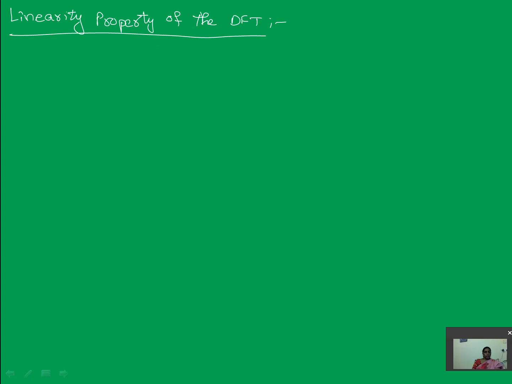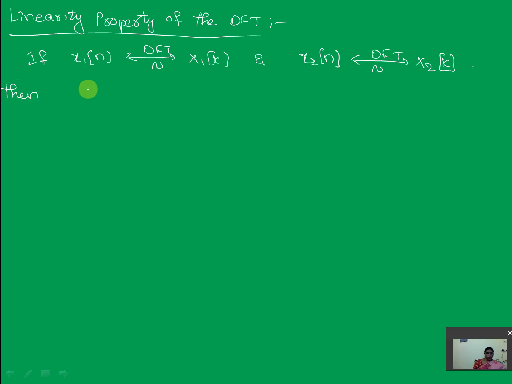The statement is: if x1 of n has an N-point DFT X1 of k, and x2 of n has the N-point DFT X2 of k, then a1 x1 of n plus a2 x2 of n has the DFT a1 X1 of k plus a2 X2 of k.